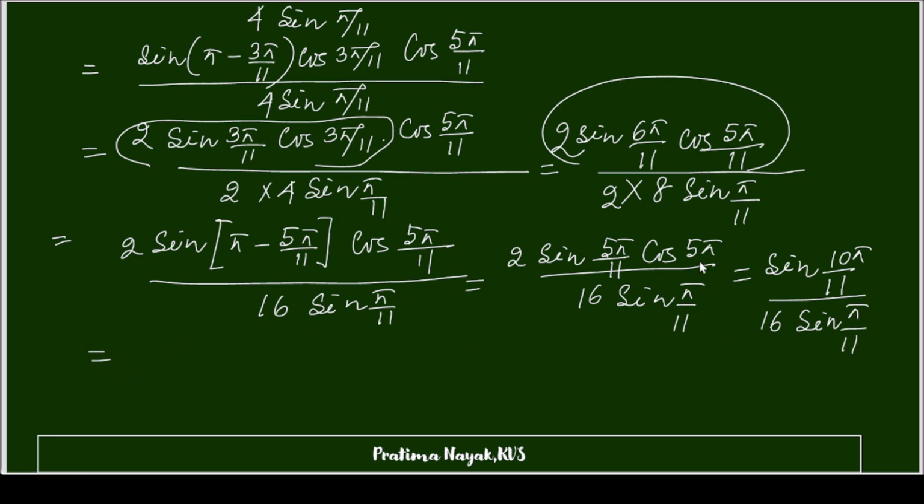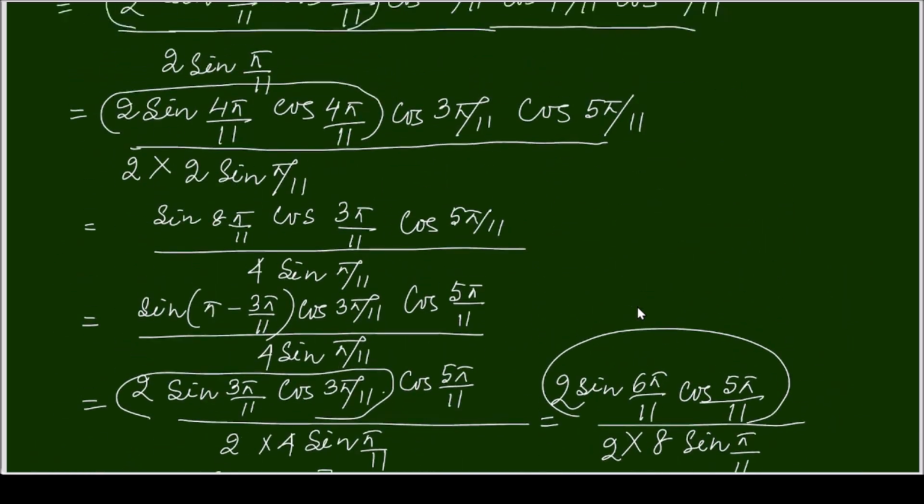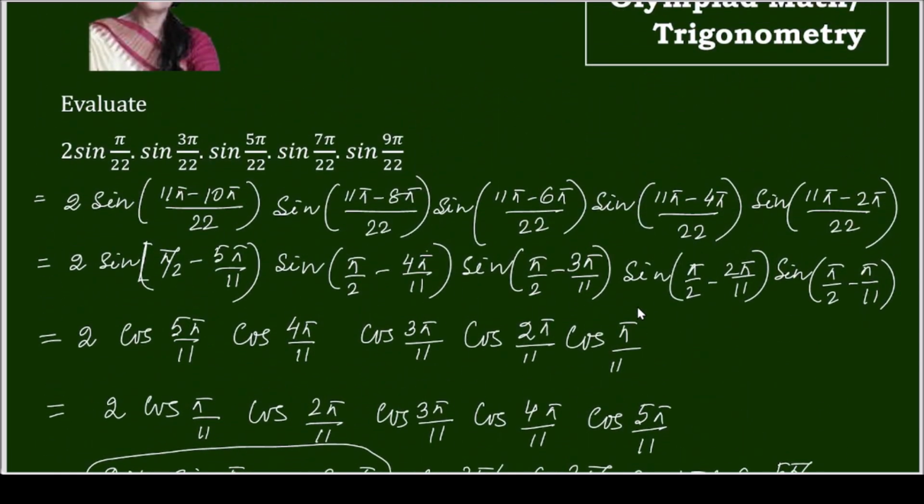So in the next step, we'll change sin 10π by 11 as sin(π minus π by 11), and here 16 sin π by 11. Sin(π minus θ) is the same as sin θ, it will be sin π by 11, and 16 is there. These two will be cancelled. So the answer is 1 over 16.